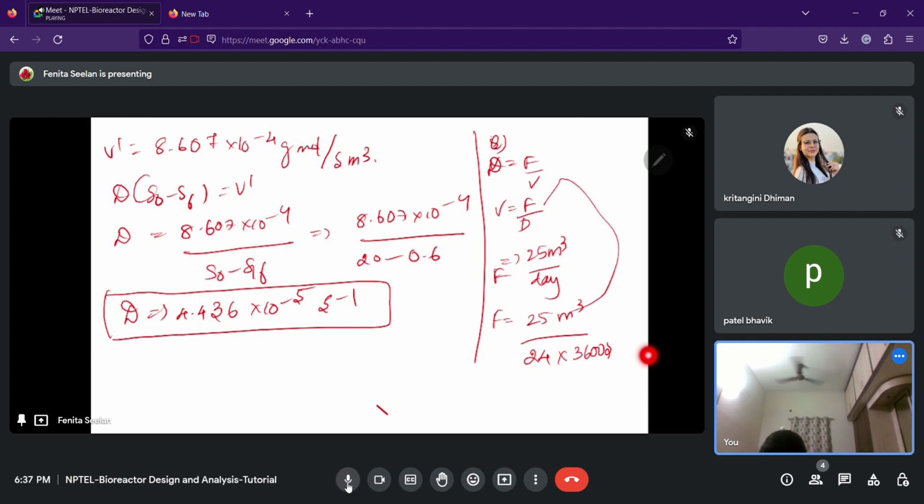If we substitute it into this, the answer would be around 6.5 meter cube. So the volume of the reactor would be around 6.5 meter cube.